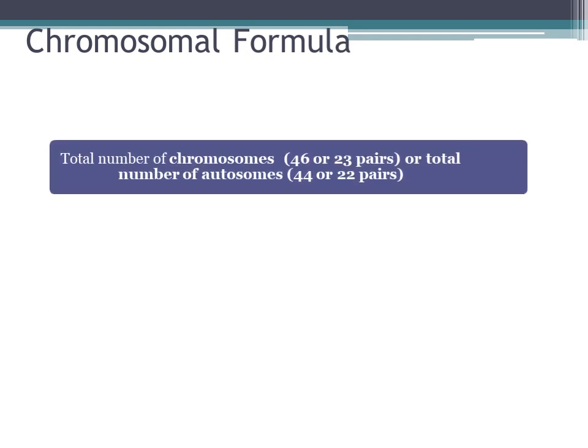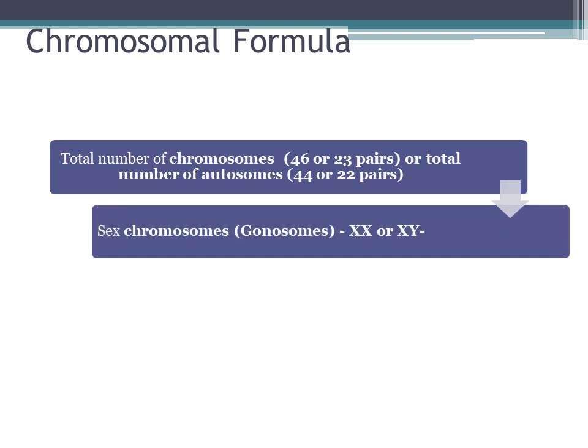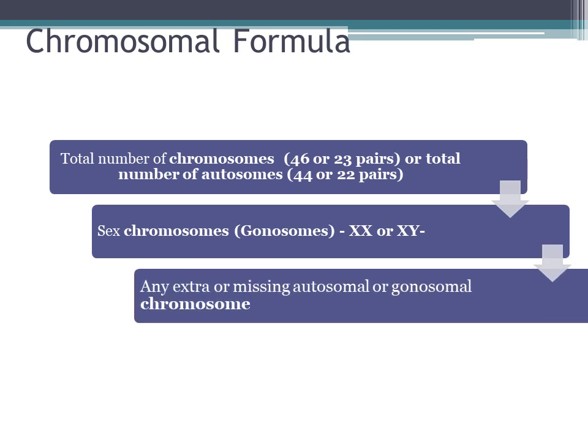A chromosomal formula states the total number of chromosomes, which is 46 or 23 pairs in case of humans, or the total number of autosomes, which is 44 or 22 pairs in case of humans also, along with sex chromosomes, which are XX in case of a female and XY in case of a male. It also states if there is any extra or missing autosomal or gonosomal chromosome.